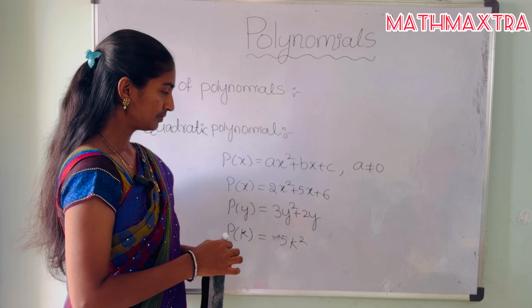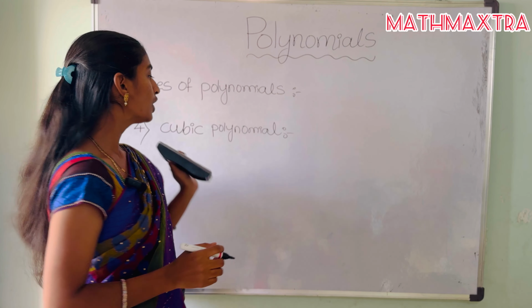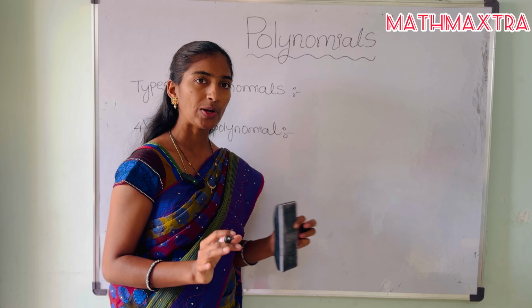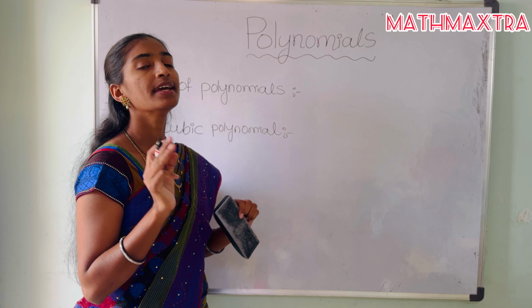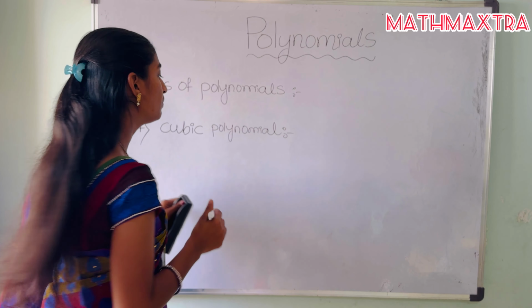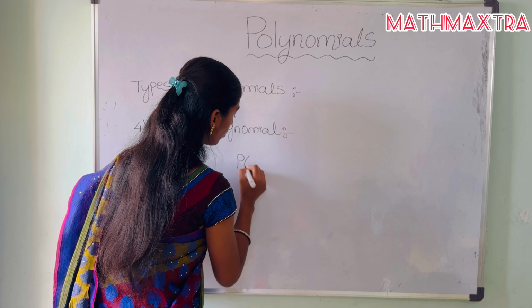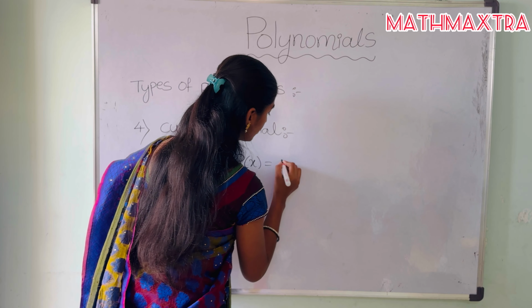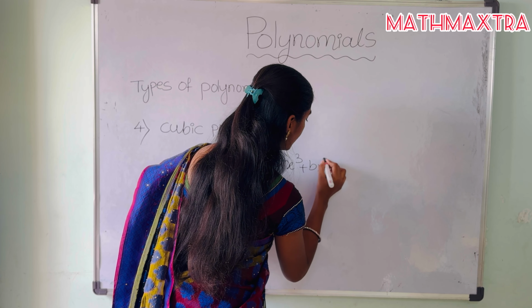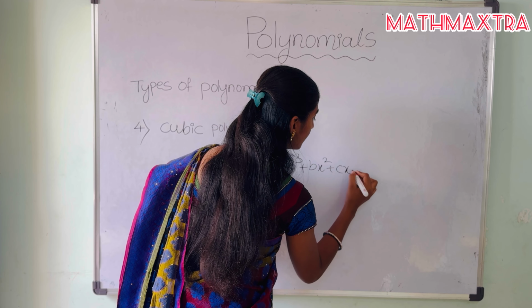Yes. The fourth type is cubic polynomial. What is a cubic polynomial? A polynomial of degree 3 is called a cubic polynomial. So the general form of a cubic polynomial is p of x equal to ax cube plus bx square plus cx plus d.